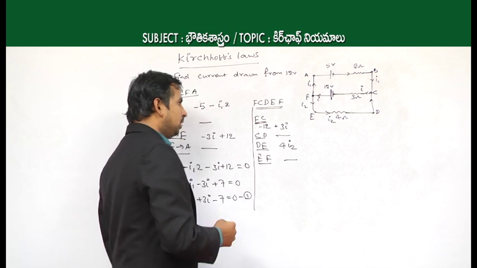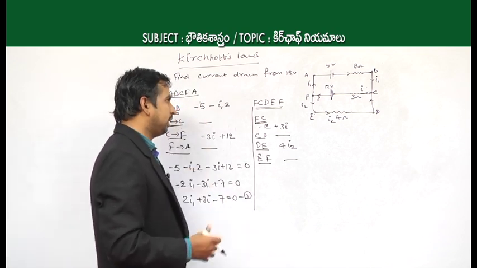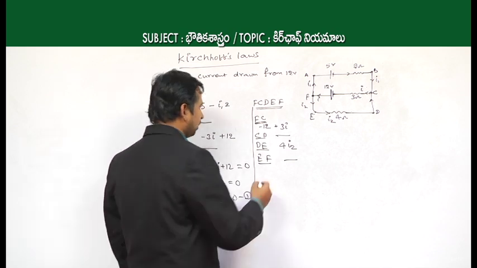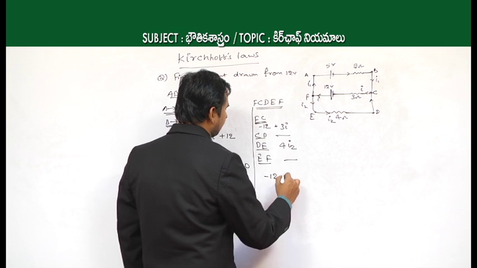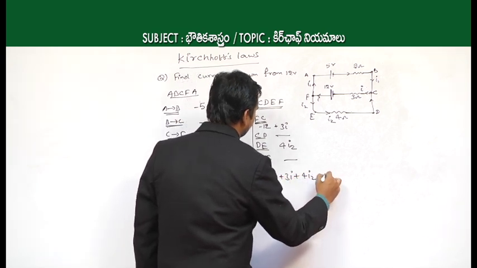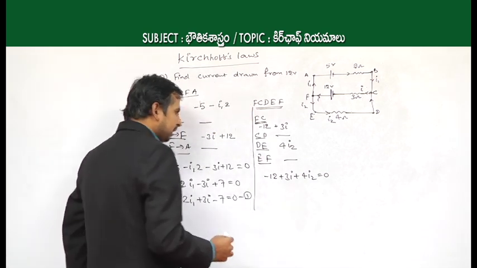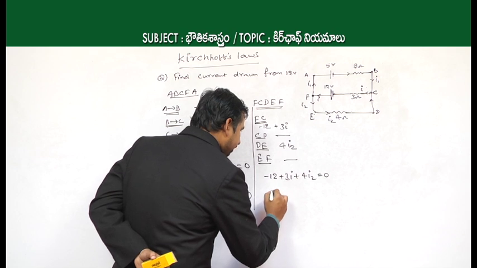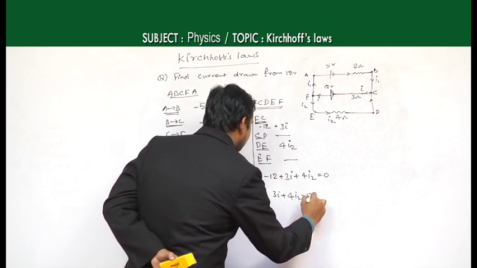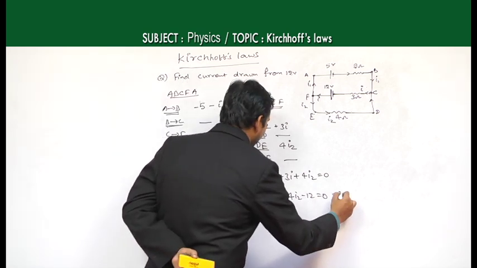So the total potential difference for F to C to D to E to F is minus 12 plus 3I plus 4I2 equal to 0. Or we can write that as 3I plus 4I2 minus 12 is equal to 0. This is our second equation.